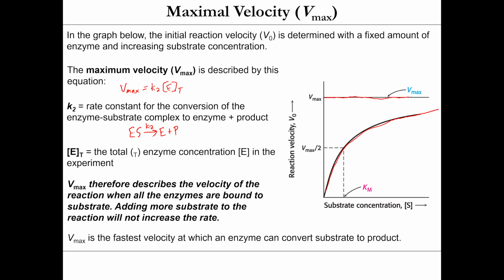That's why you get this plateau effect where the reaction slowly reaches asymptotically to this level, which would be the Vmax. The Vmax is shown right here, and this line is as fast as the enzyme can convert substrate into product.